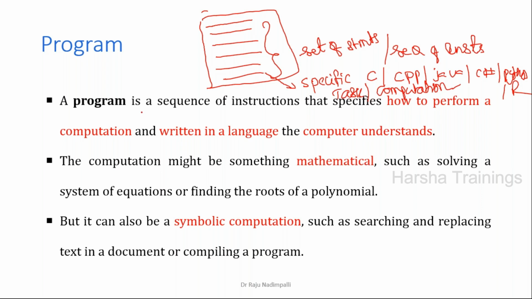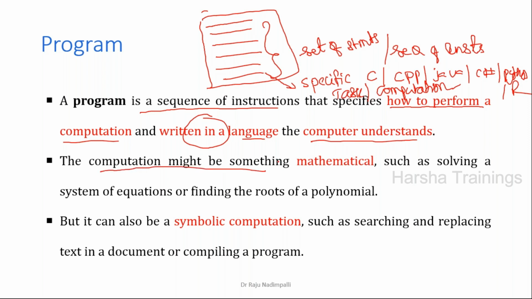A program is a sequence of instructions that specifies how to perform a computation, and it is written in any of the languages. Whatever the language, computers should understand it.